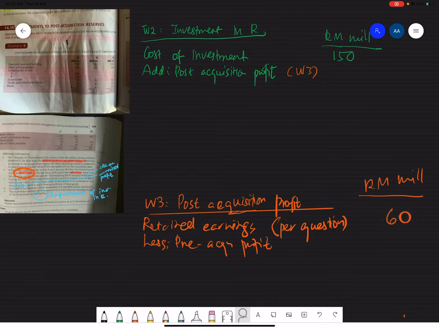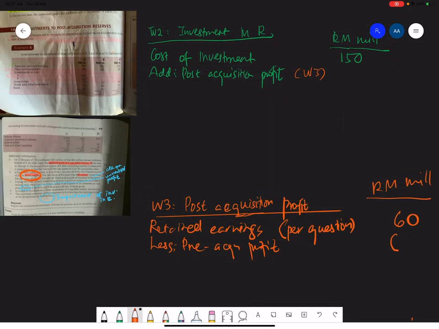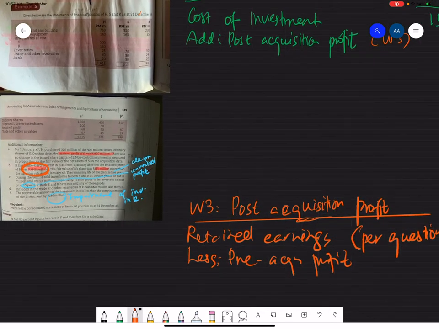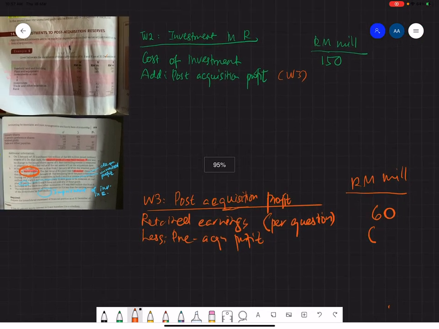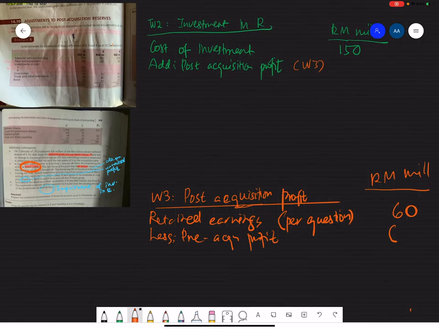We need to exclude it because to take account in the parent account, you need to exclude things that do not belong to the parent. How much? 45 million, when the retained profit of R was 45 million. So tolak lah. So we have 15.